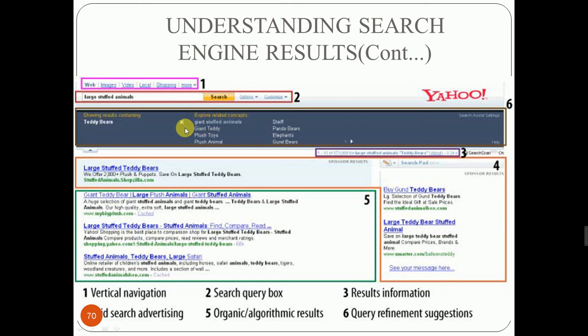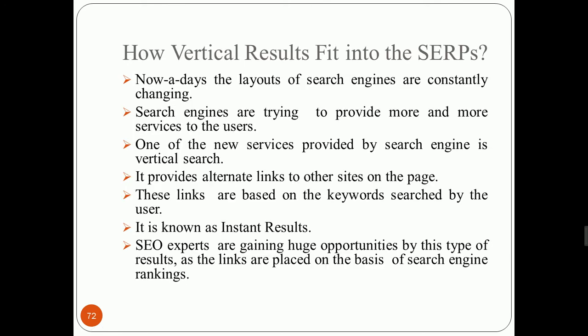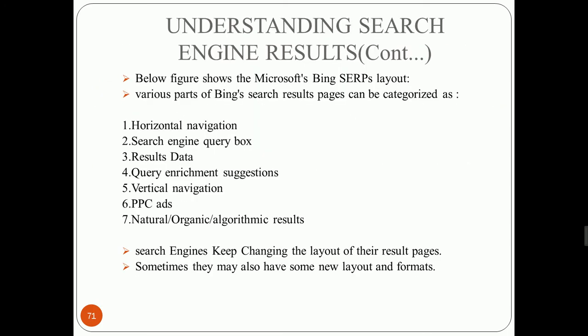So these are the layout of the Yahoo pages. Same like that, Bing has its own layout. So the figure below shows the Microsoft Bing SERP layout. So in Bing also it's this type of layout. So these are all called the different layouts of different web pages.